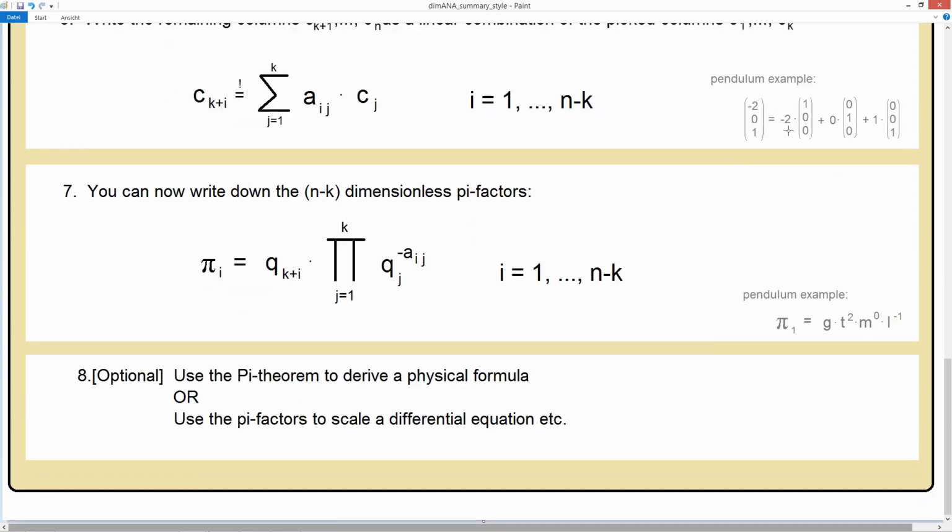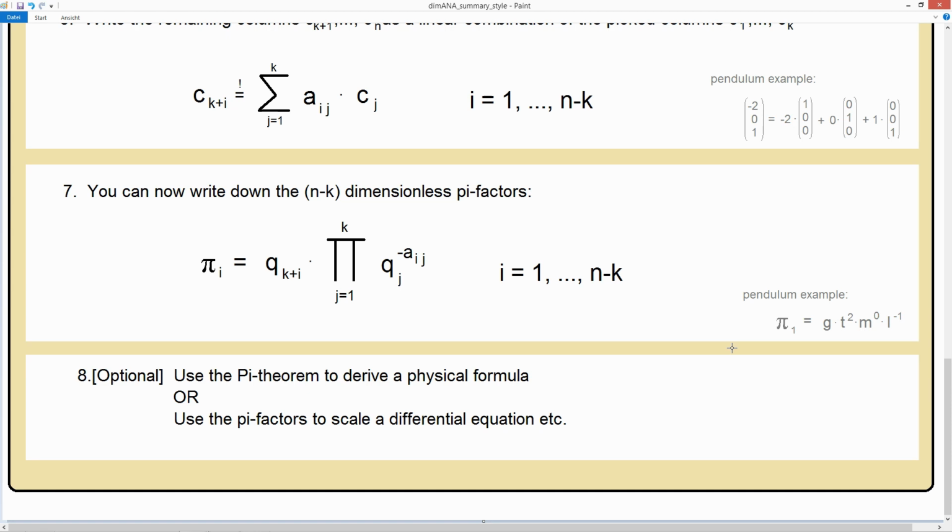And then we have to raise these quantities to the power of these values here. And we also have to change the sign in this process. So -2 becomes 2, 0 becomes 0, and 1 becomes -1. So we have these values here.